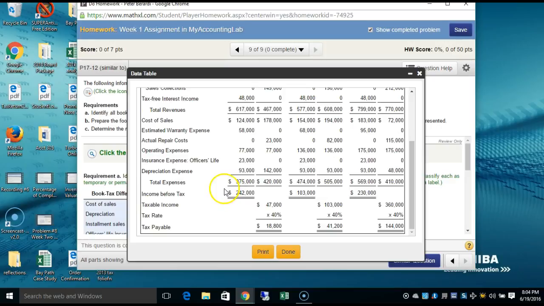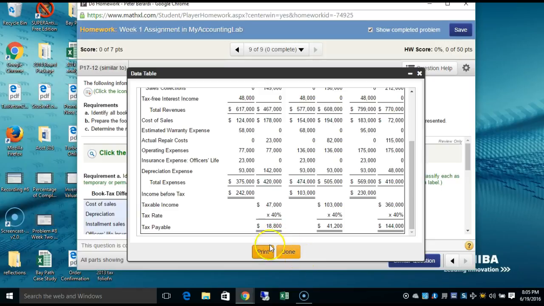The total income before tax is going to be the $242,000, the $103,000, $230,000. These numbers here, income before tax under GAAP, multiplied by the 40% tax rate, which the problem doesn't show you, is going to give you your income tax expense for the year.